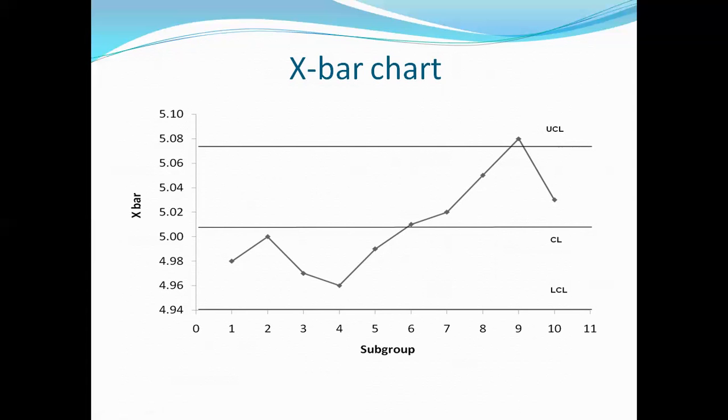So generally we look for points which lie above the UCL or below the LCL. So here only subgroup number 9 lies above the UCL. So this sample is out of control. Okay. So this is the process by which we can check the quality of our lot.